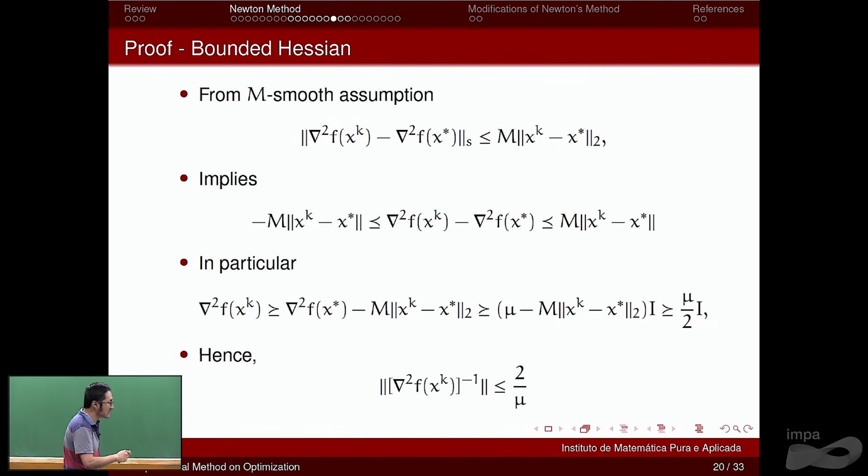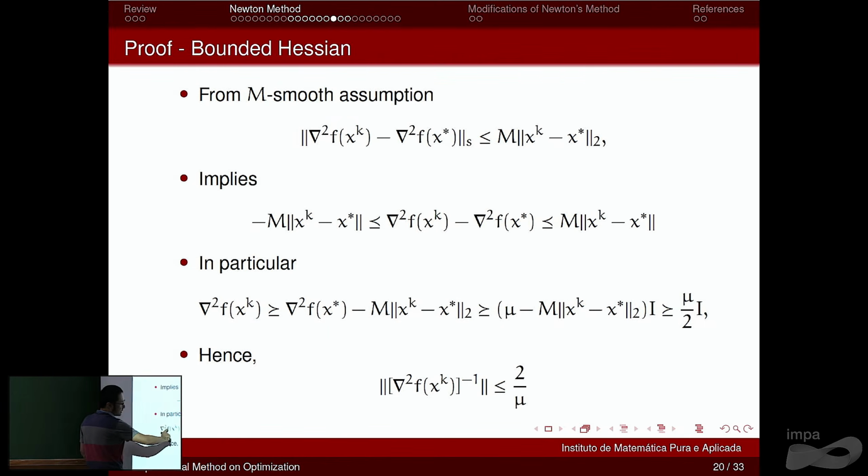But the inverse has the maximum eigenvalue of 2 over mu, because we have the inverse here. So this inequality follows immediately from this one, but we take the inverse here.